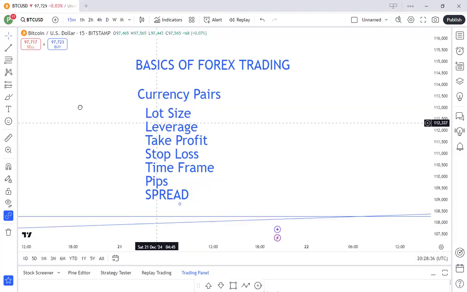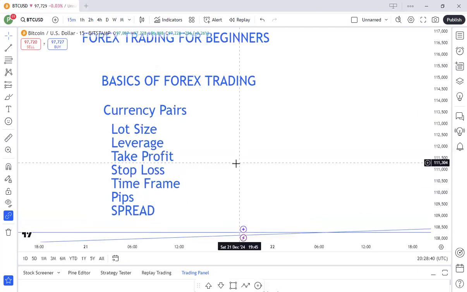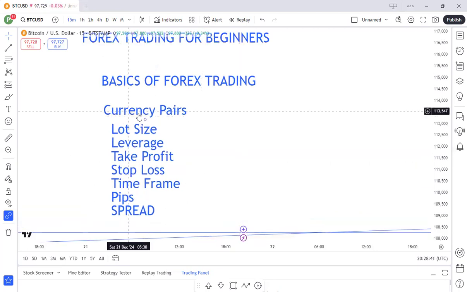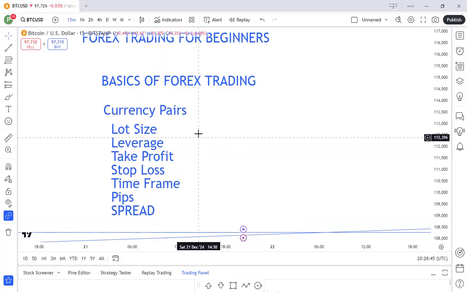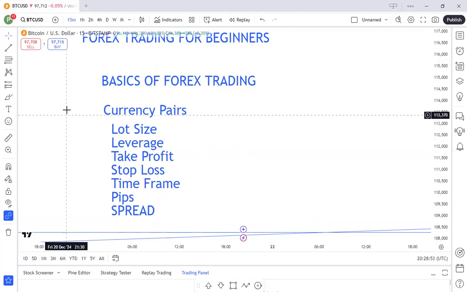So I'm going to be taking them one after the other. We have currency pairs, and we have three types of currency pairs. We have the major currency pairs, the minor currency pairs, and the exotic currency pairs.